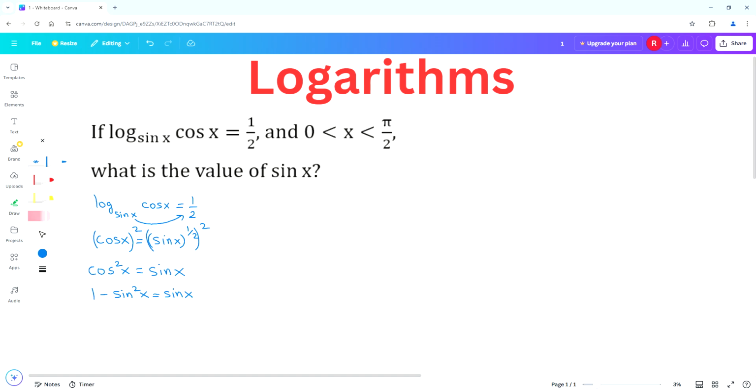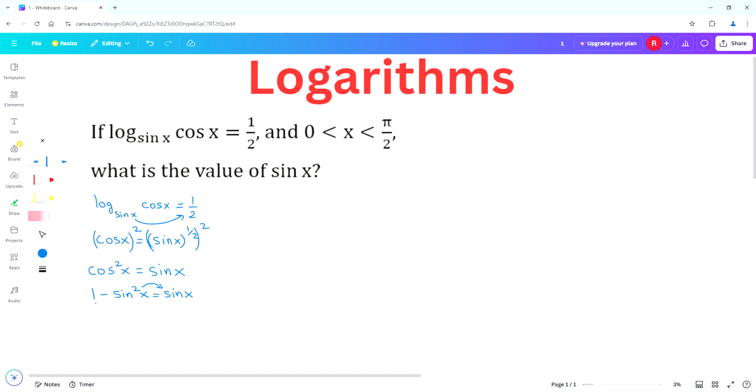We have to solve this equation. This is a quadratic equation for sin x, we can solve this equation to find the value of sin x. The first step is to move all terms on one side of the equation and set it equal to 0. We can move negative sine square x to the right side of the equation and it will become a positive term.